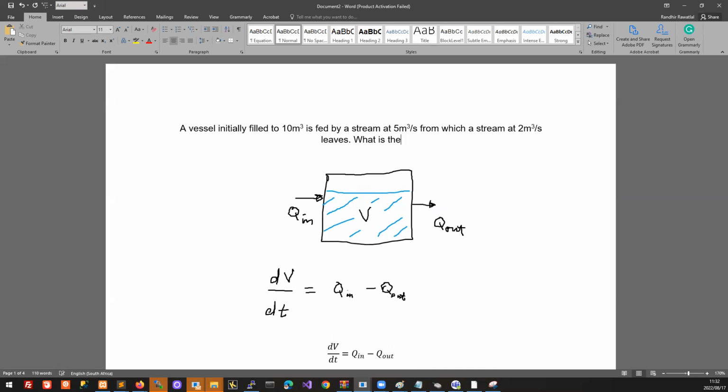What is the volume as a function of time? So this has to be given to us as additional information. Oh, it's a given value. I get it now. Right.